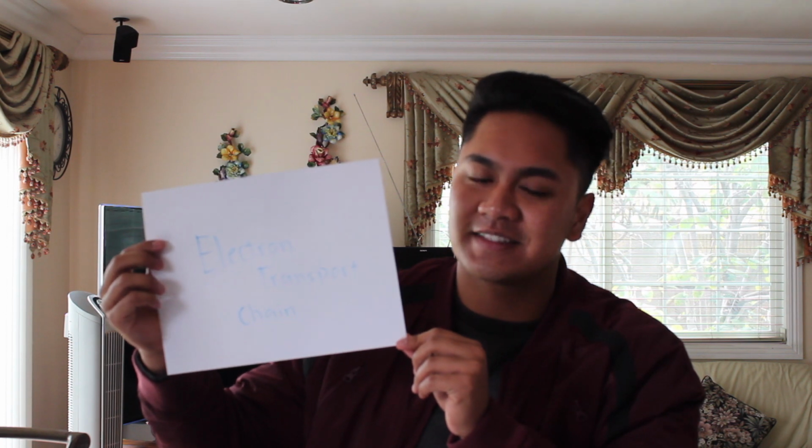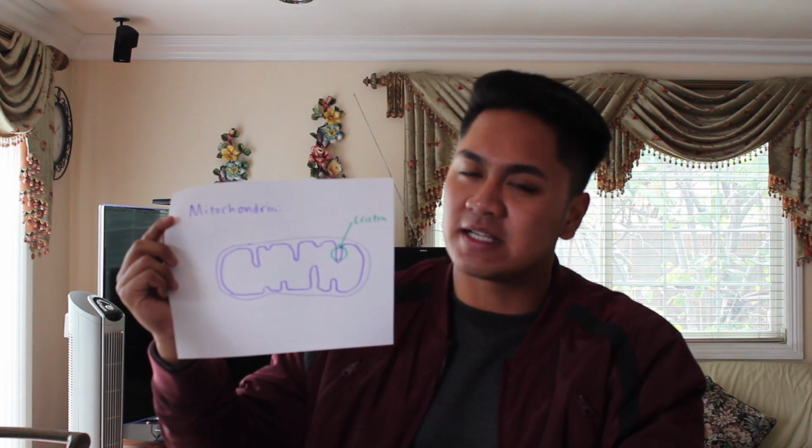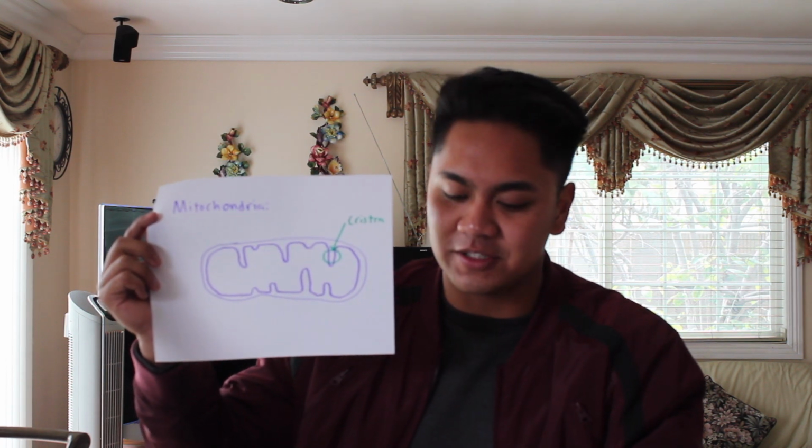So, the electron transport chain is, I admit, kind of complicated, but trust me, when I explain it, I'm pretty sure you'll get it a lot better than what you did before. The electron transport chain occurs in the cristae of the mitochondria, much like the Krebs cycle also takes place inside the mitochondria.